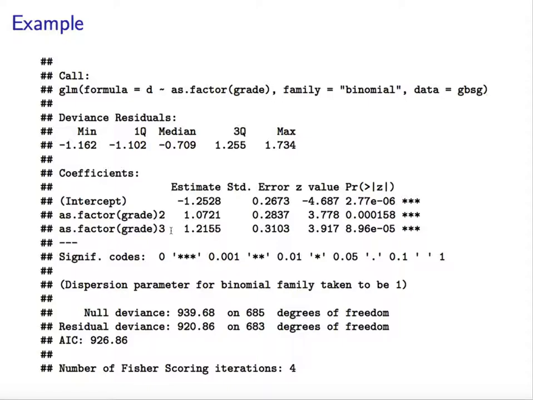And we have the change in log odds for individuals with a tumor of grade 3, again, compared to individuals with a tumor of grade 1.